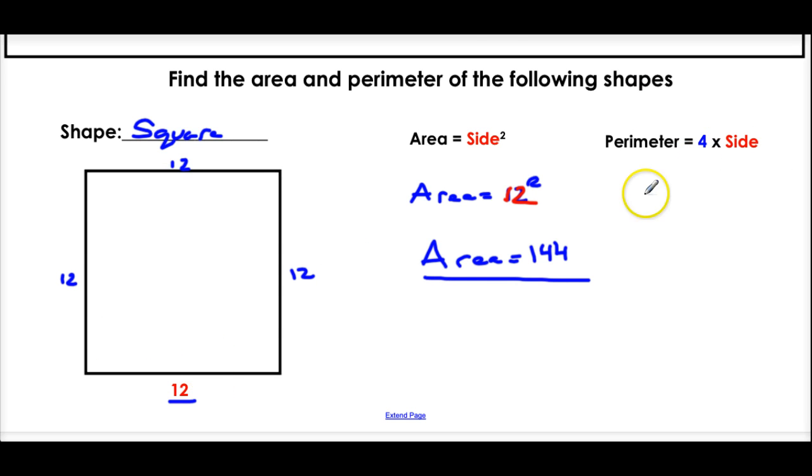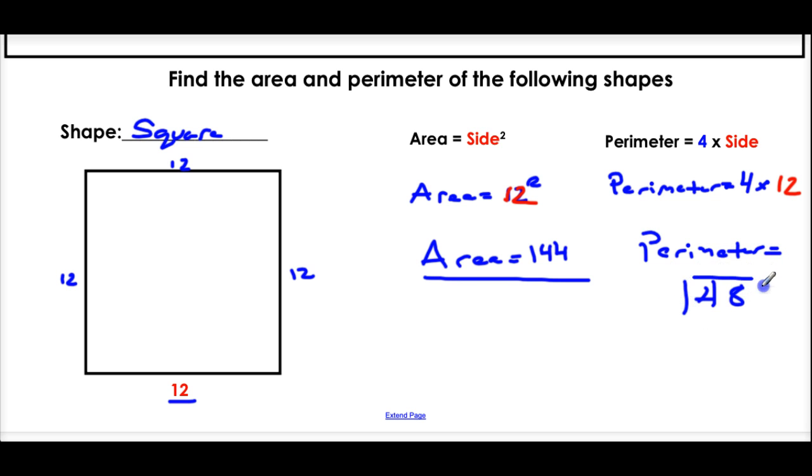So to find the perimeter, I would just do 4 times, and my side length is 12. So my perimeter is equal to 48.